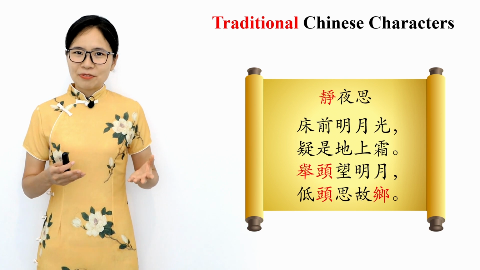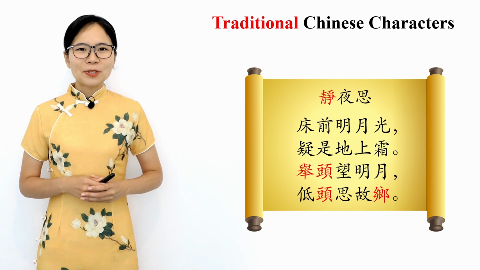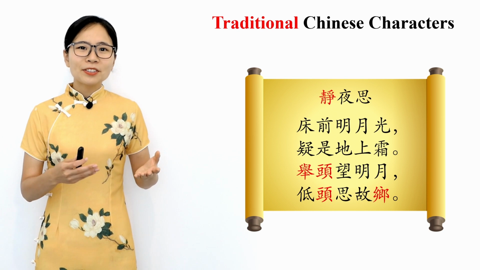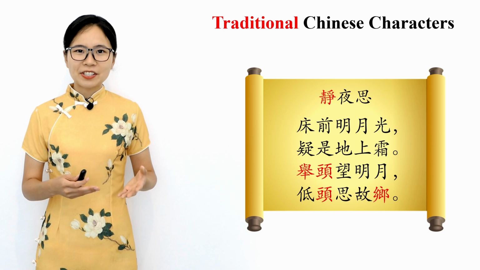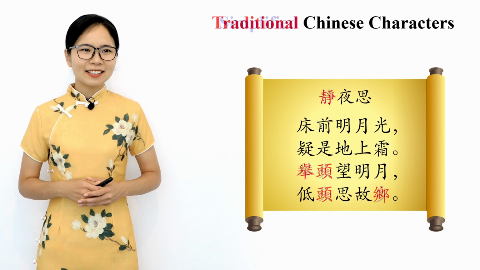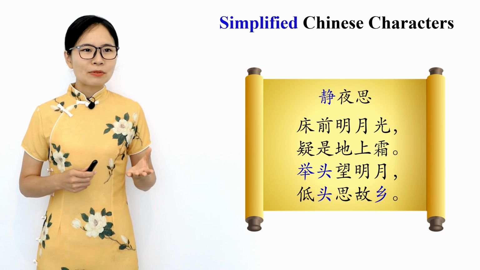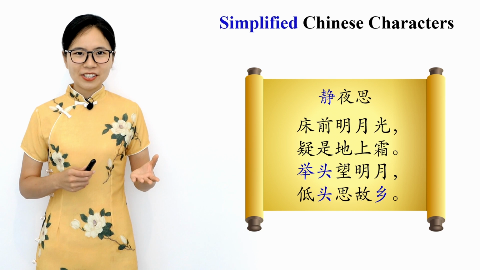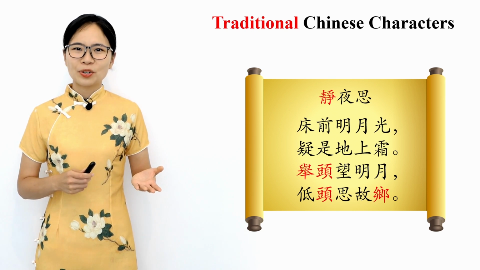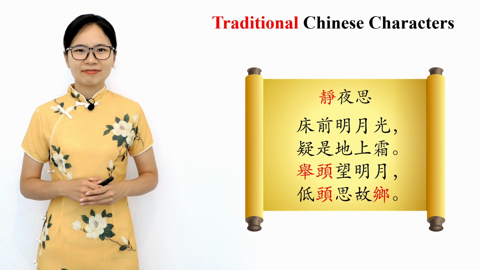Only the characters in red are different. Also, the poem is pronounced the same way, no matter whether you use simplified Chinese characters or traditional Chinese characters. They are just a way of writing. Again, here is the poem written using simplified Chinese characters, and here it is with traditional Chinese characters.